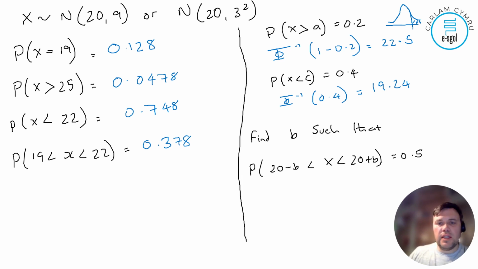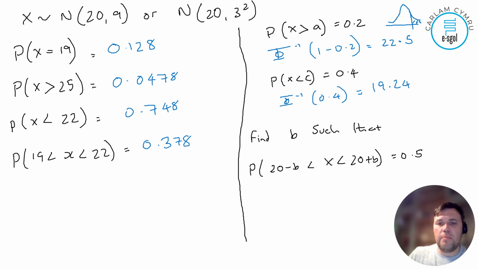I found a question as well, and I thought it was quite nice, where it says find b such that the probability of X being greater than 20 minus b but less than 20 plus b gives you a value of 0.5. So this is basically an interquartile range. The upper part is the upper quartile, the lower part is the lower quartile.